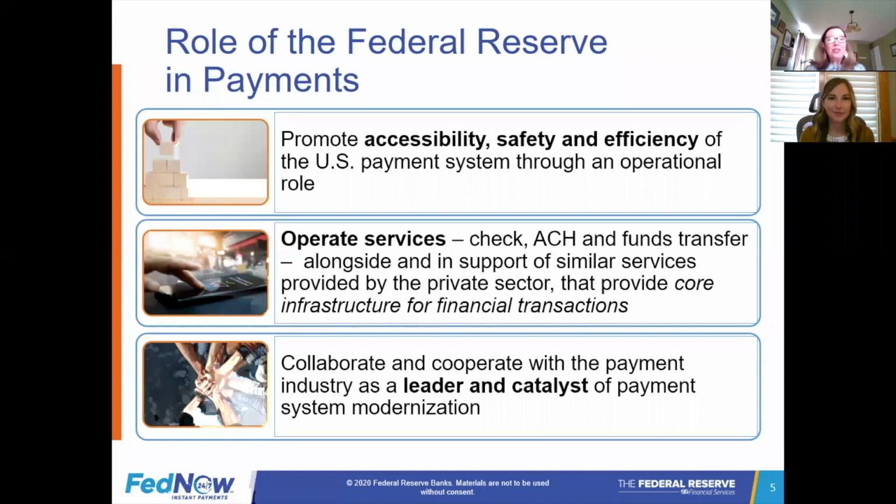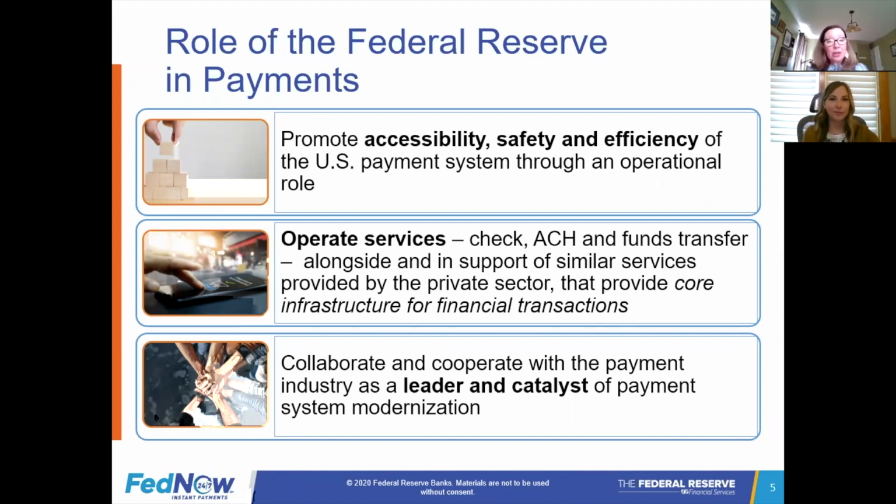The Federal Reserve performs several key functions to maintain the integrity of the payment system. Since its founding more than 100 years ago, the Federal Reserve has played an operational role in support of our goal of an accessible, safe, and efficient U.S. payment system. That involves providing core infrastructure to move funds and information between financial institutions, so basically interbank clearing and settlement.